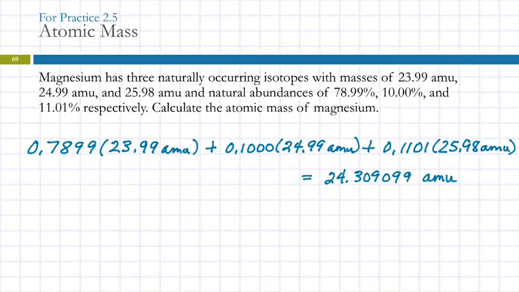But that average cannot be more precise than the numbers that we used to calculate it. So in general, without going through all the multiplying, dividing, and the adding with the sig figs, this one has 4 sig figs. This one has 4 sig figs.